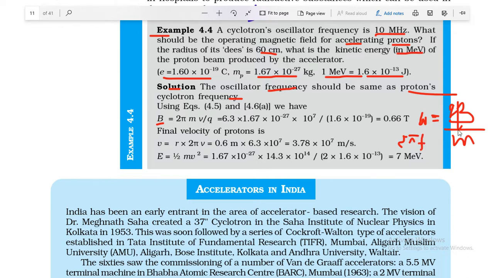So if you rearrange this equation, B is equal to 2 pi f m upon q. So you can write 2 pi m into the frequency upon q.